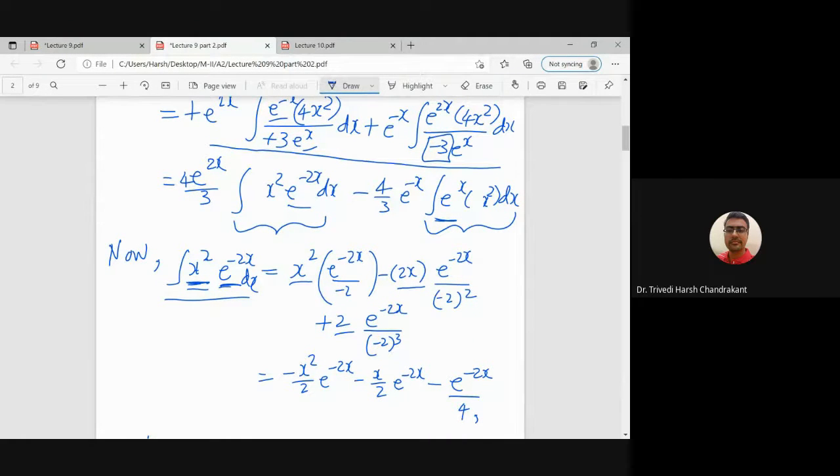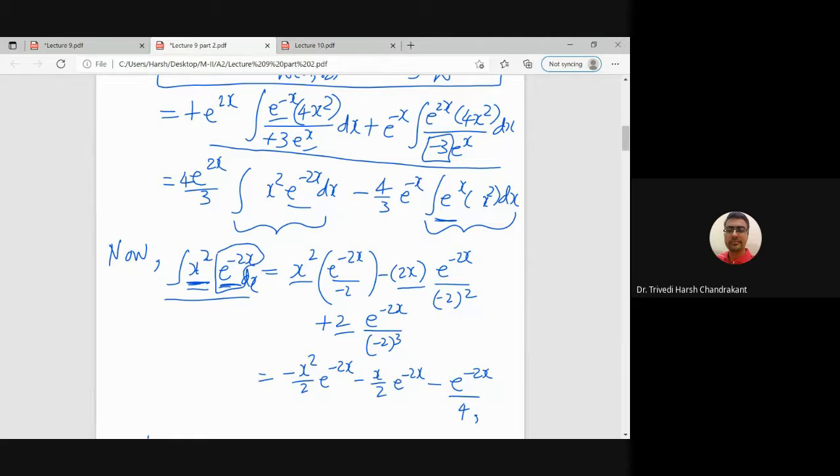And the second term we will keep integrating. So the integral of e power minus 2x is e power minus 2x by minus 2. Again we integrate this function, we get e power minus 2x by minus 2 square. Again integrating, it will be this term. And then we keep the signs plus, minus, plus, alternate signs.